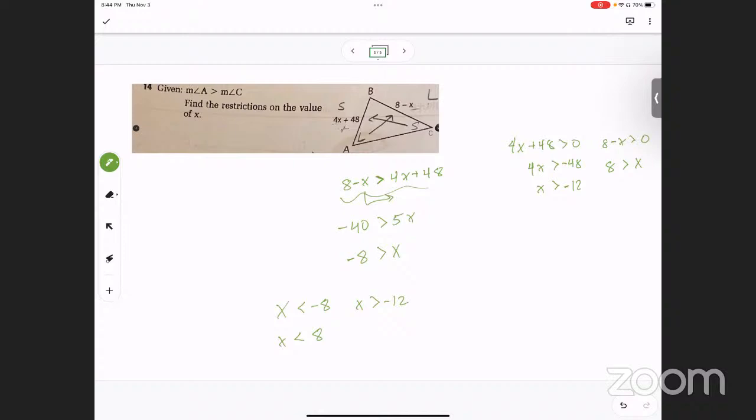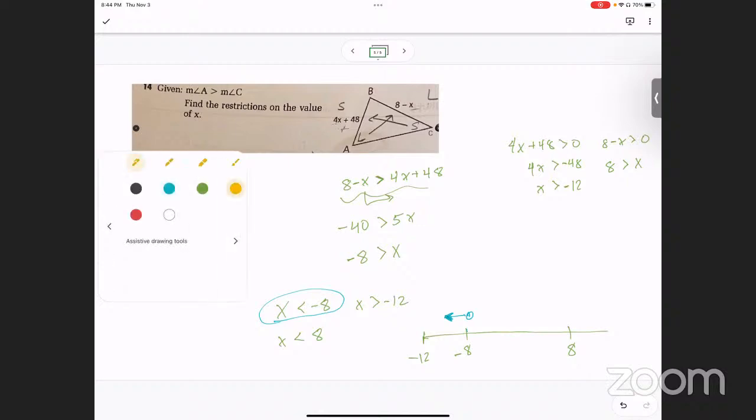Okay. So which one do I not have to write of these? The 8? Let's think about the number line here, what we have. Here's 8, here's negative 8, here's negative 12, and here's positive 8. I'll color code these. This one is saying that x is less than negative 8, so it's saying this.